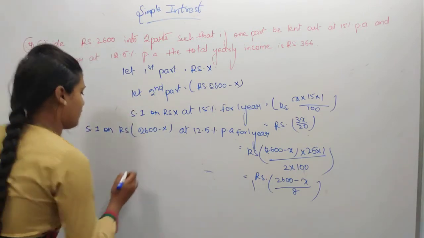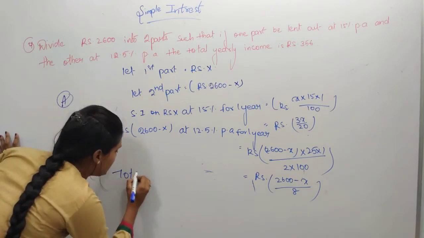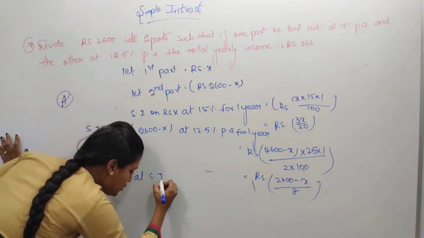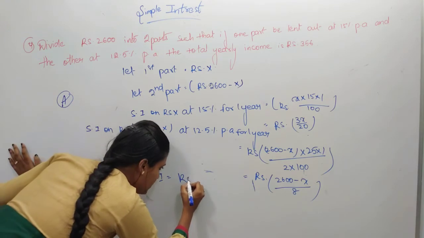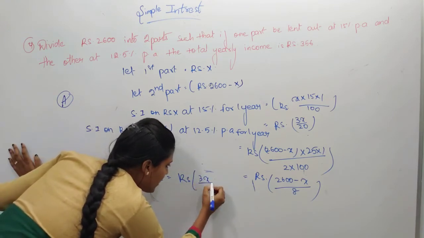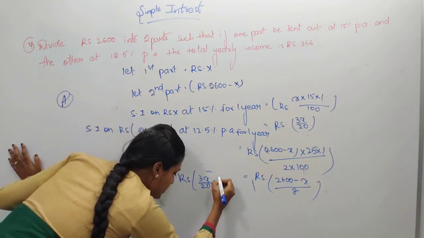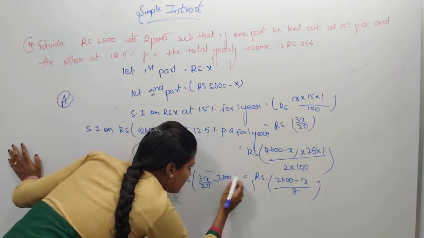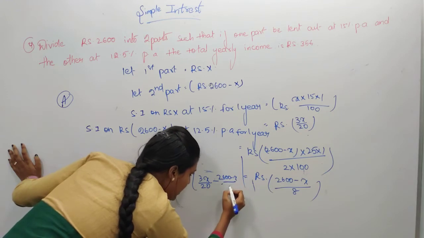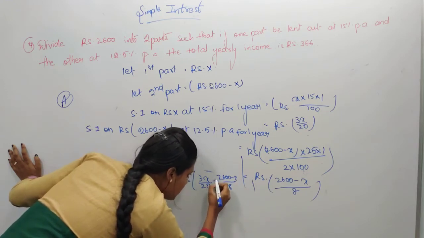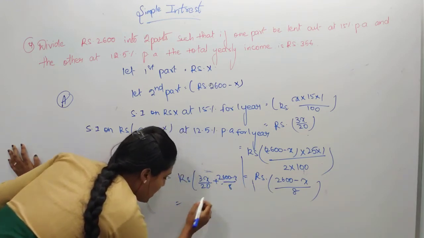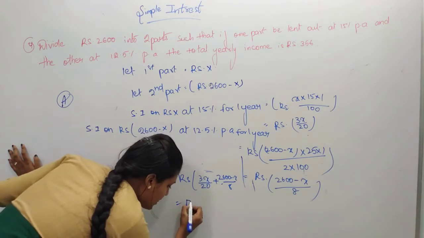Now we have to find the total SI. Total SI means total simple interest. SI is equal to how much? Rupees 3x by 20 plus 2,600 minus x by 8. By doing addition, what answer will we get?